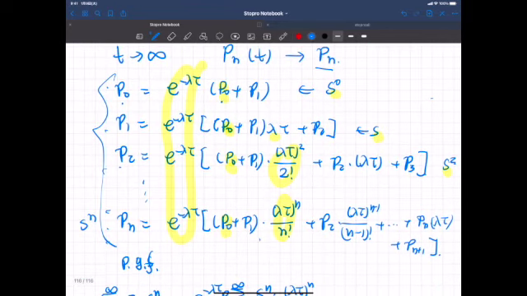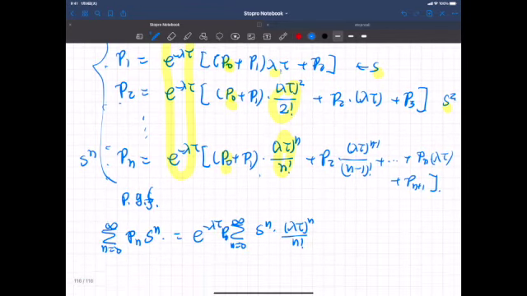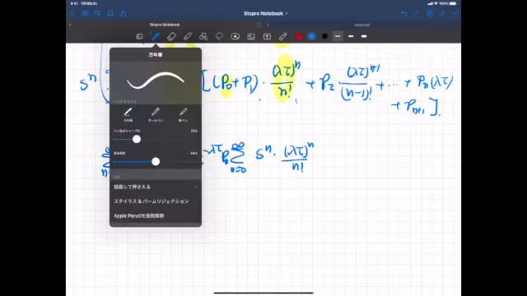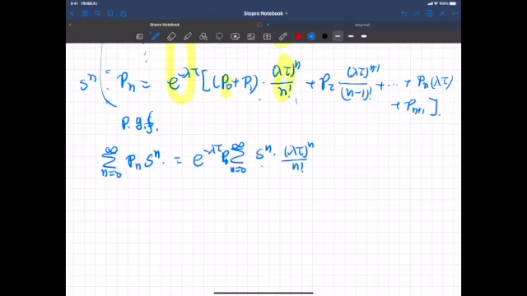So this is 0 factorial, 1 factorial, 2 factorial, n factorial, and so on. We can combine this power of s with the power of lambda tau. We should write (s lambda tau) to the power of n over n factorial.